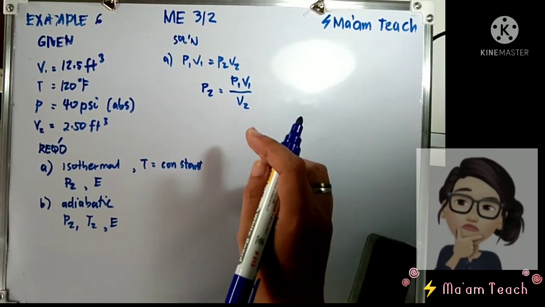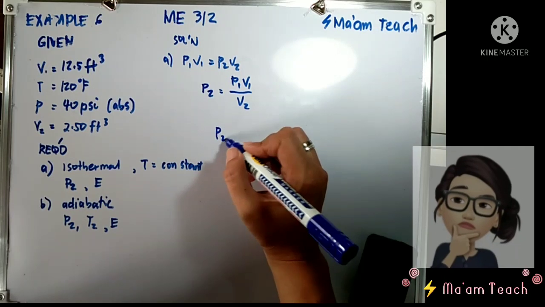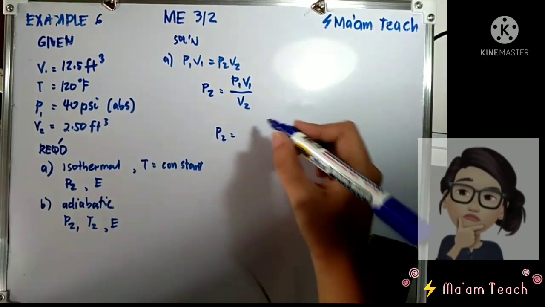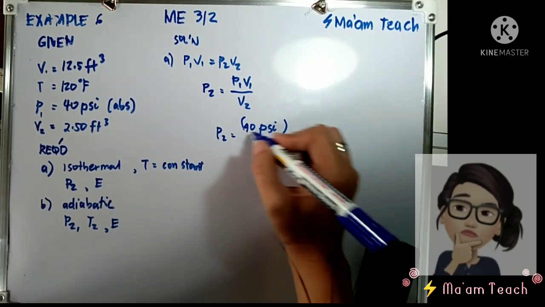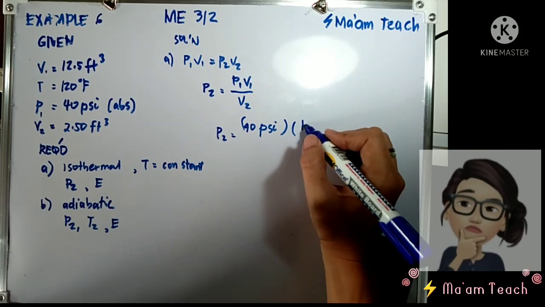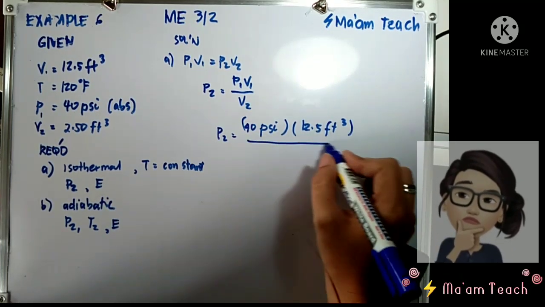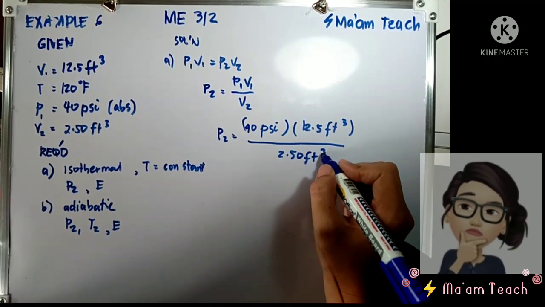Substituting, we have P sub 1, which is 40 psi, times V sub 1, which is 12.5 cubic foot, divided by V sub 2, which is 2.5 cubic foot.